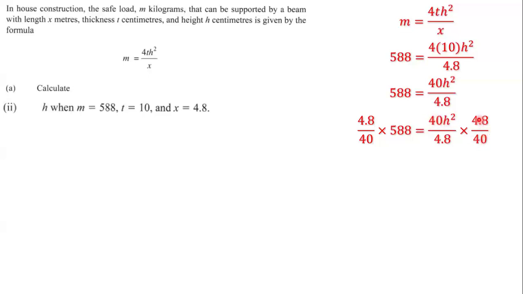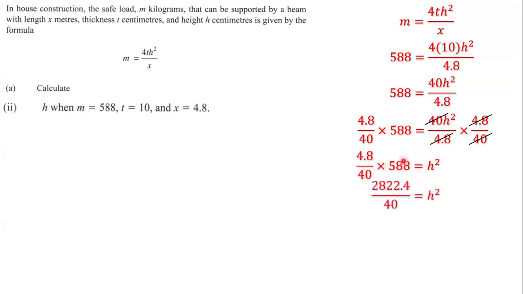And so we have 4.8 over 40. And whatever we do to one side, we have to do it to the next side. And so now we cancel. So we have this cancel with that, and this cancel with that. And so we are left with simply H squared on the right-hand side. Now on the left-hand side, we still have 4.8 over 40 times 588.